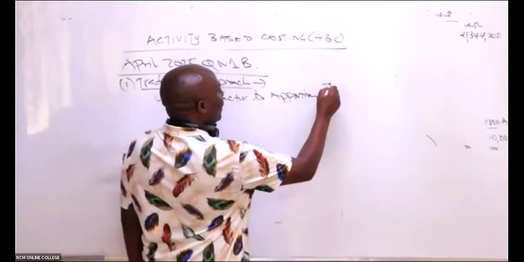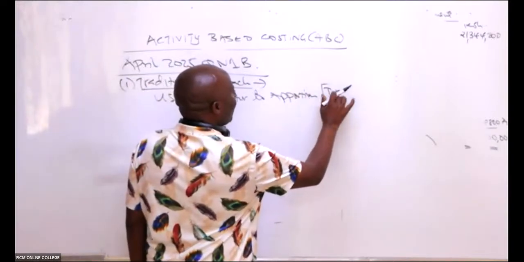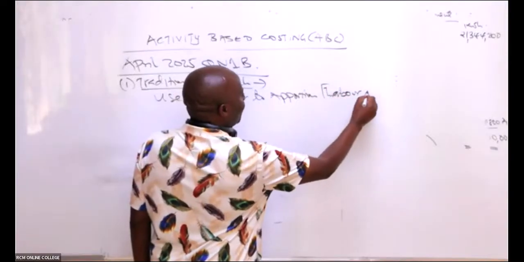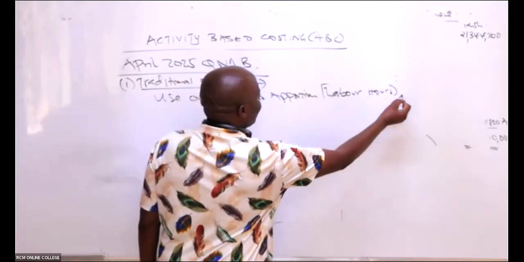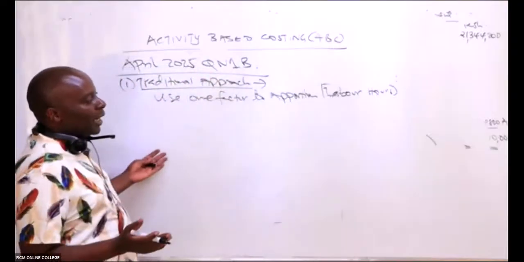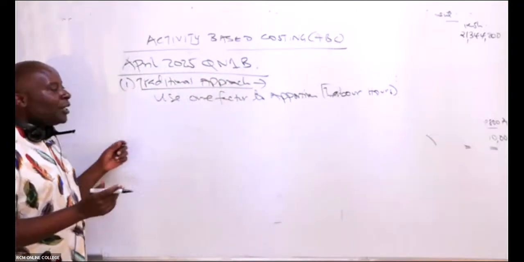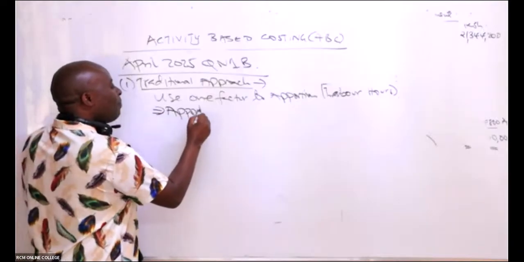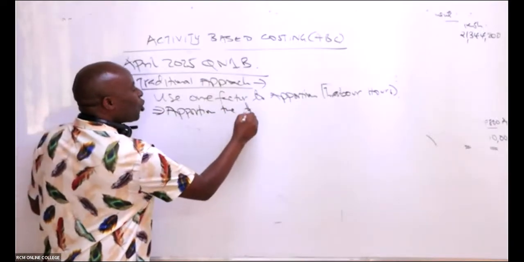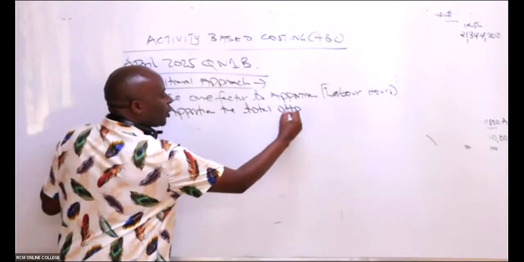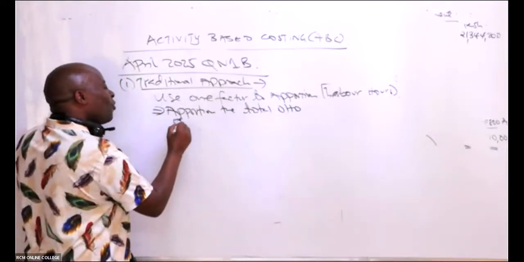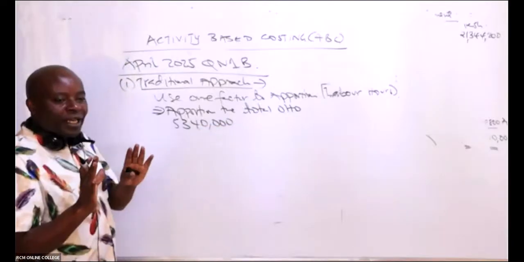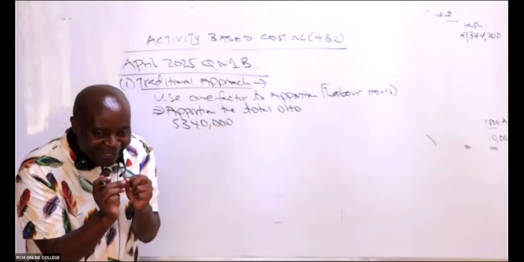So in this case here, they want us to use labor hours, isn't it? Only labor hours. So in short, they want us to apportion the total overhead of 5,340,000 without looking at the individual components.